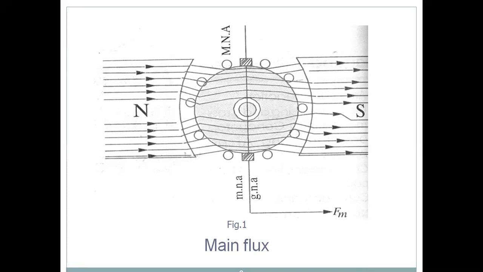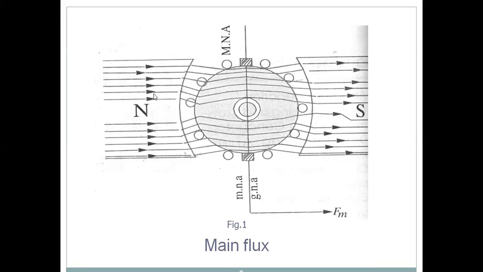Magnetically, it is neutral. That conductor is not taking part in north pole and south pole action, so EMF will not induce. The conductor is not taking part in magnetism, that is the magnetically neutral axis.